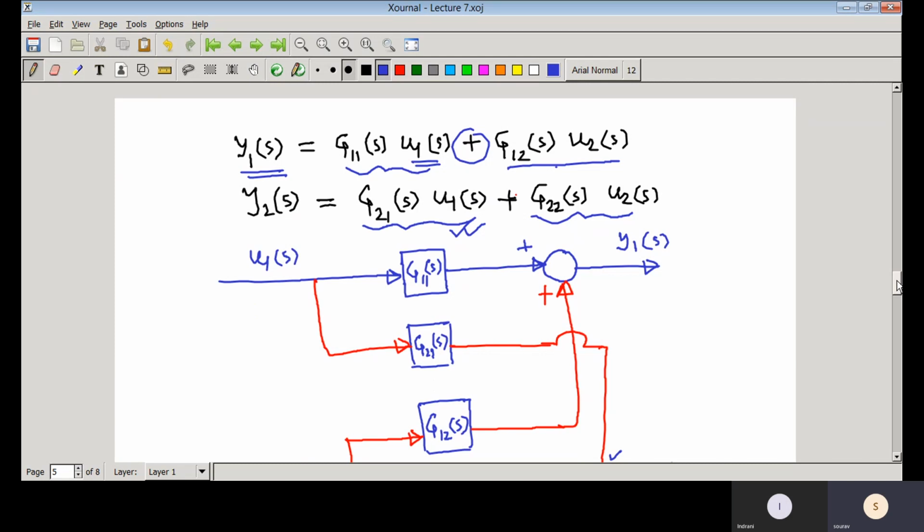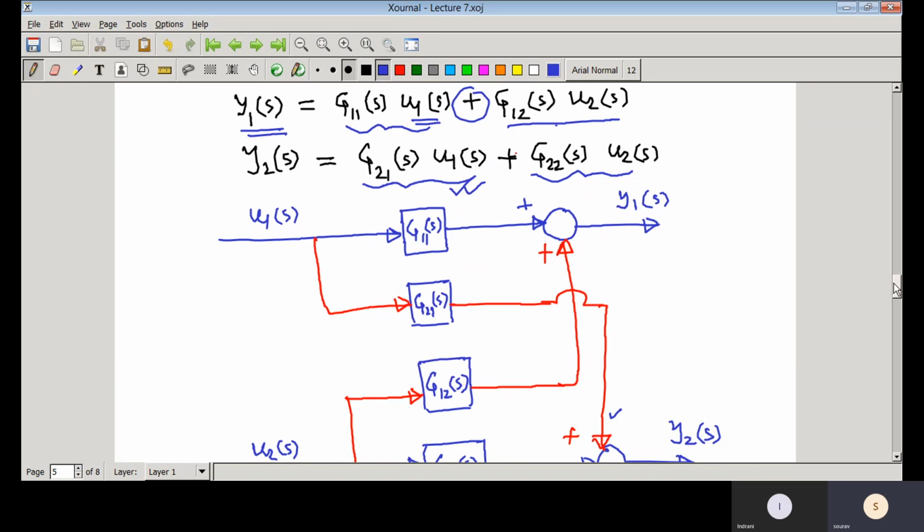Particularly, the analysis and design of a multi-input multi-output system is difficult. The reason is these two particular terms. These are called coupling terms.